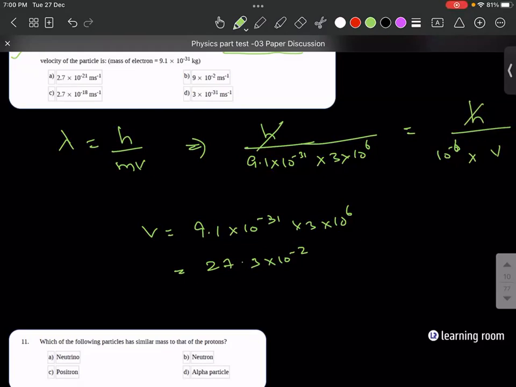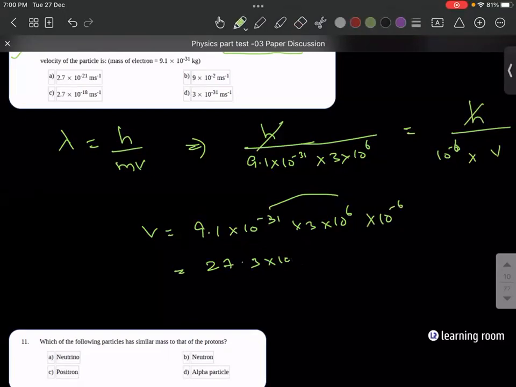Minus 20, no? No, but 25 is what I'm getting. But there is no option. No, sir, there will be 3 into 10 power 5. Oh, I missed this 10 power minus 6.